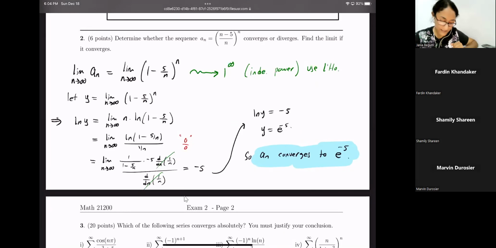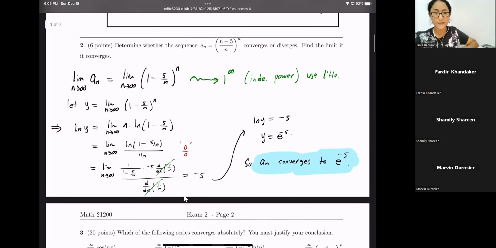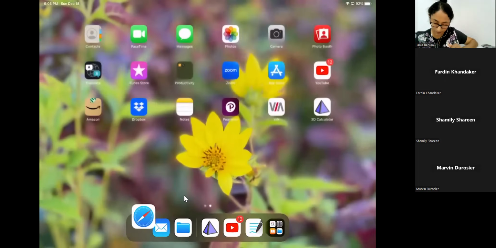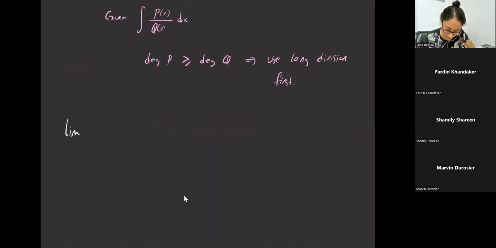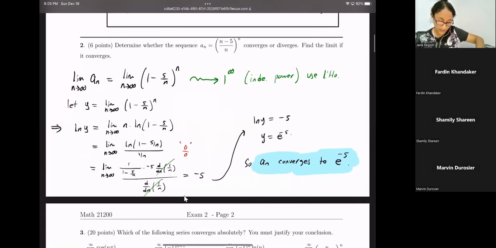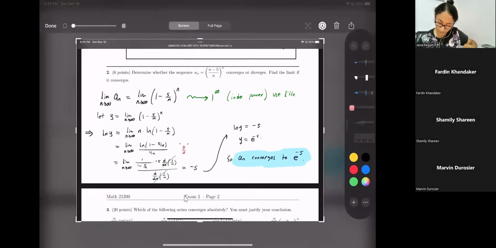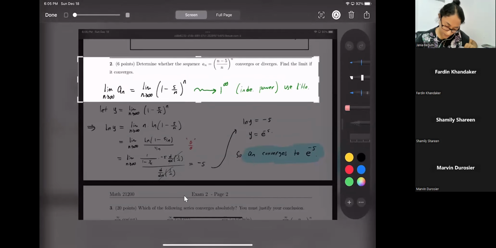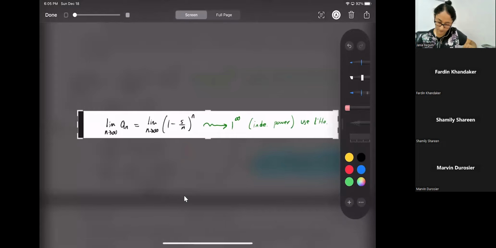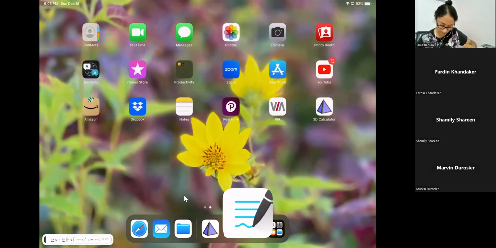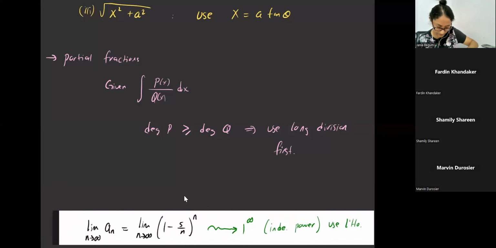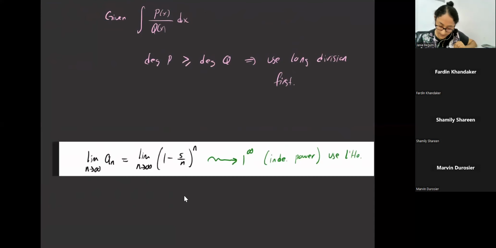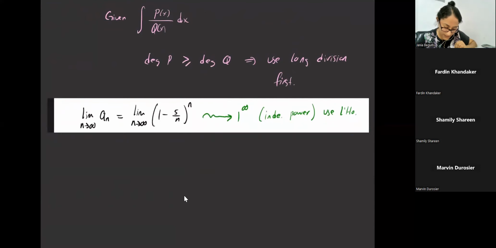So this one we often just memorize. This is from Calc 1. I don't know if you guys saw this in Calculus 1, but you should have seen it. Let me copy it from here. Okay, so here's the question. What I did was rewrite the inside of the sequence.